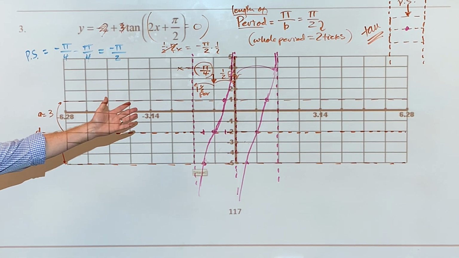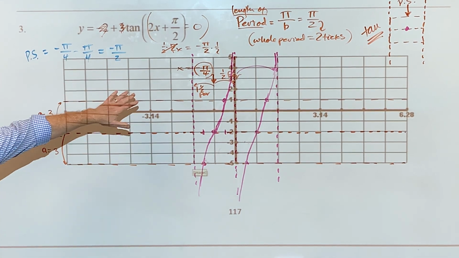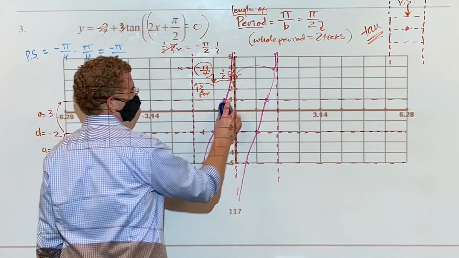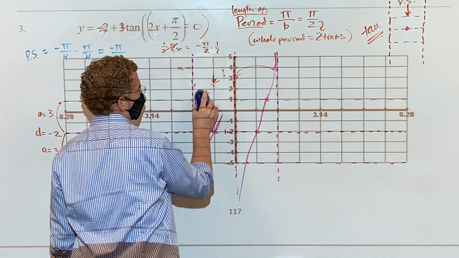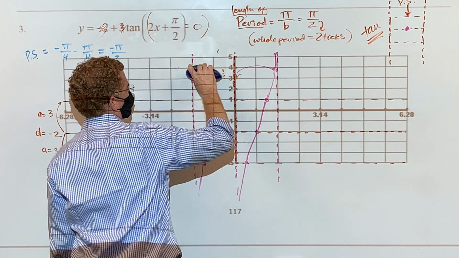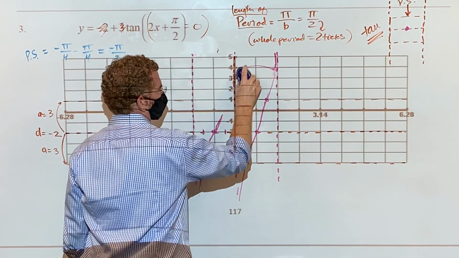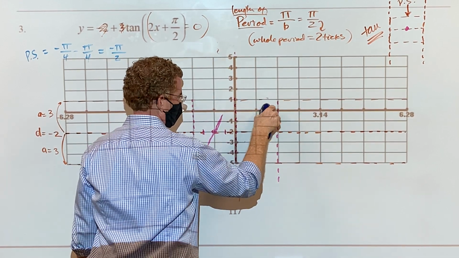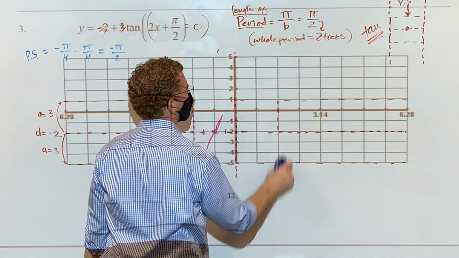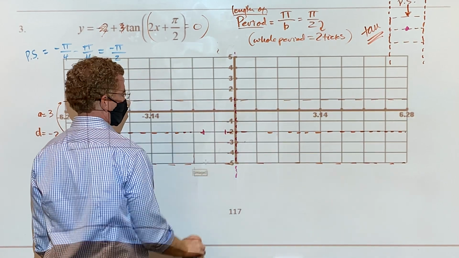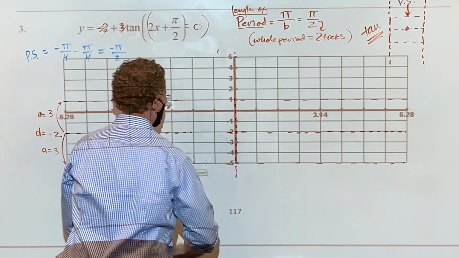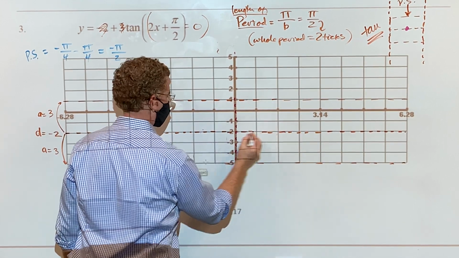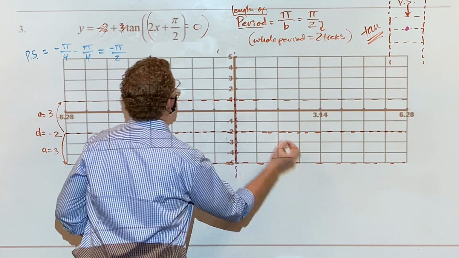Not too bad? Now we're going to graph that cotangent one in a second, but let's just pretend for a second that this was a cotangent. So I'm going to erase all this and then we'll go graph the cotangent one. Don't change this on yours, but just to give you a little preview. Let's just say you had marked the D value, marked the A value, found the phase shift.